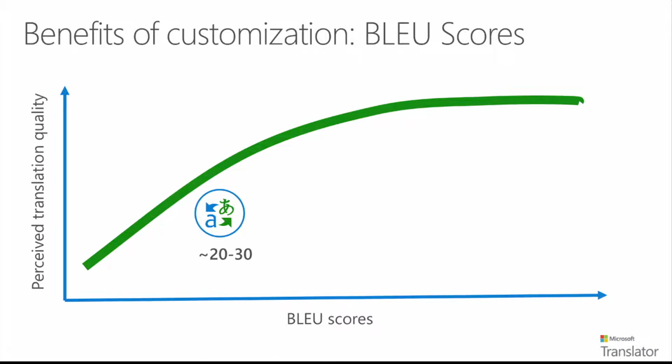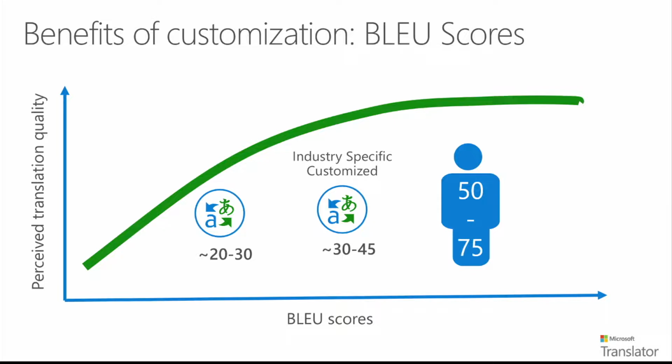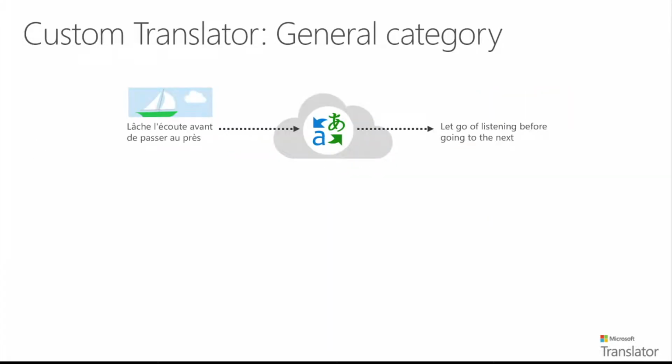If you are familiar with BLEU score, which is a common method to compare the automatic translation to a human reference translation, then you will get about a 10 to 15 point increase out of it. Let's take an example out of, say, sailing terminology.